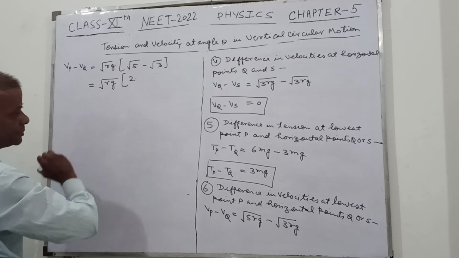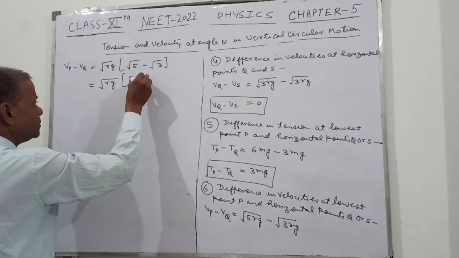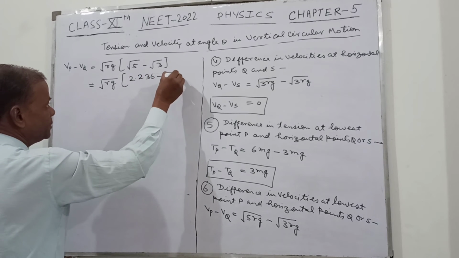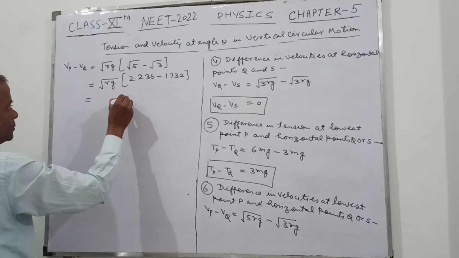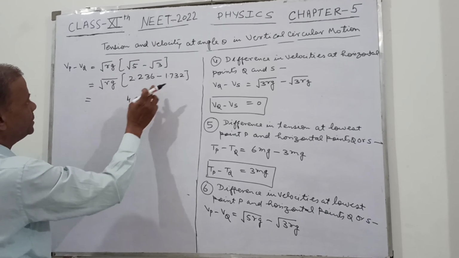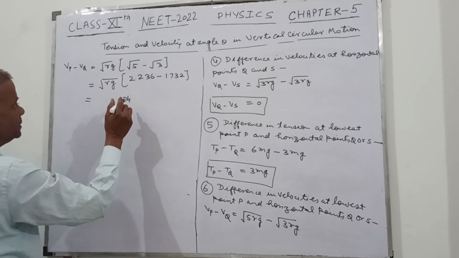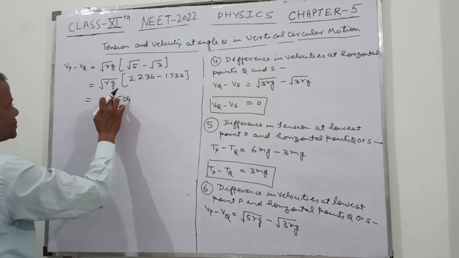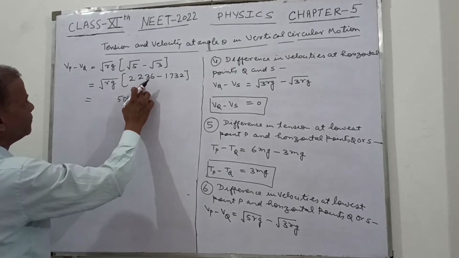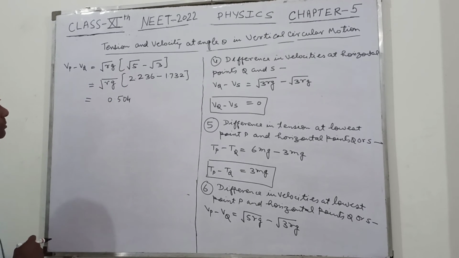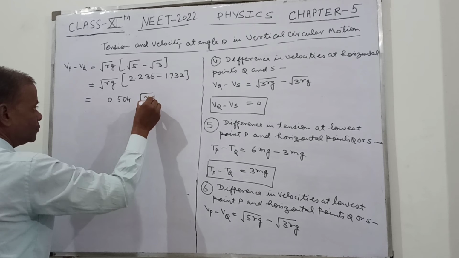This is now 2.236 minus 1.732. If you subtract these, then this will come out to be so much, 0.504 times square root of RG.